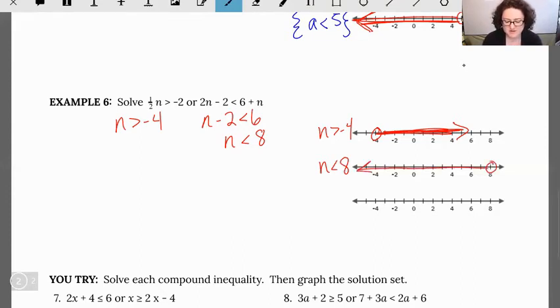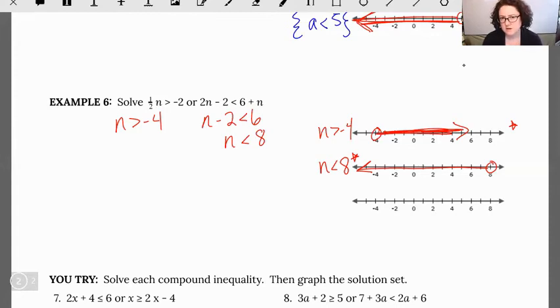Wait a second. If this is an or, I don't care just about the overlap. If I consider, let's see, I could use a +8, +9, everything out past this way is still going to be bigger than -4. And everything out past this way, like a -9 or -10, is going to work for our second inequality.